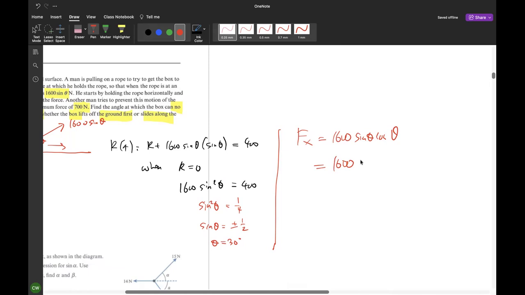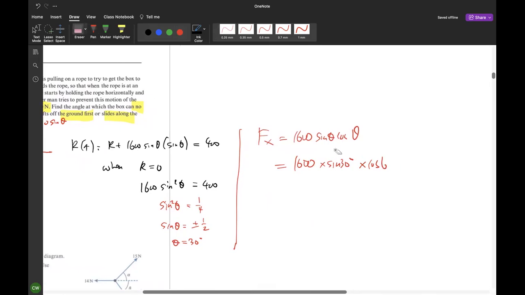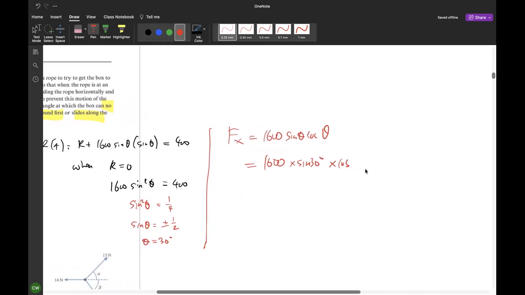So what is the value of 1600 times sin 30 multiplied by cos 30? So you have 693.